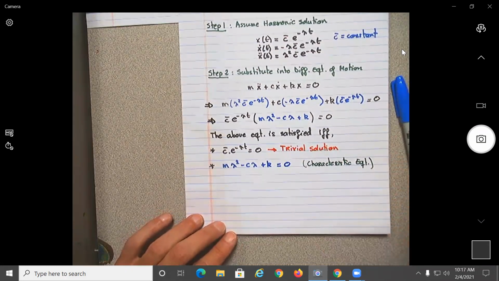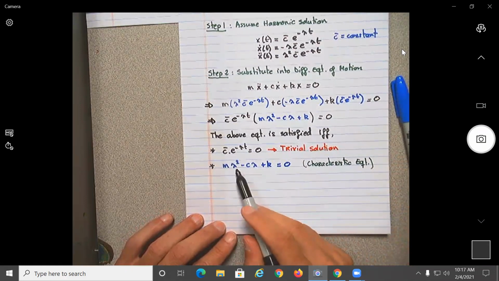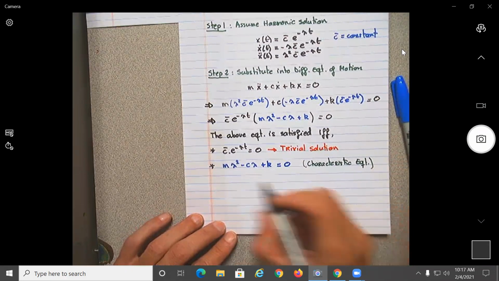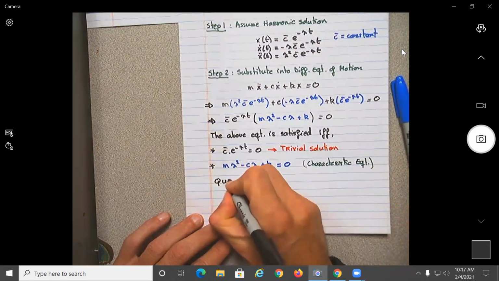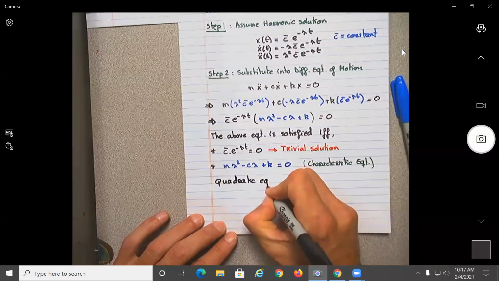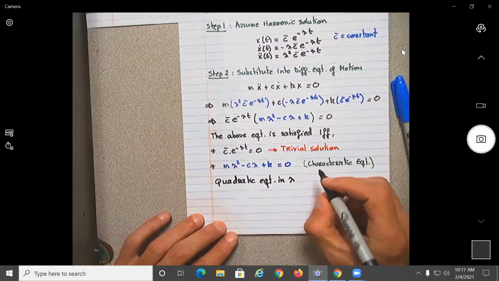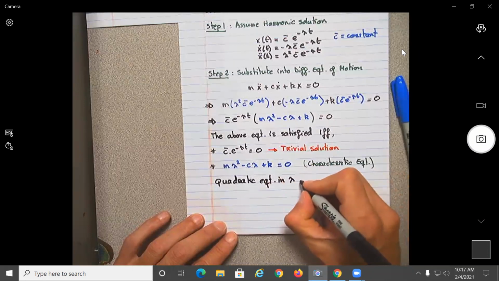But in this case, this equation here is of what form? This is a quadratic equation in lambda, no? Okay, so a quadratic equation in lambda, okay?